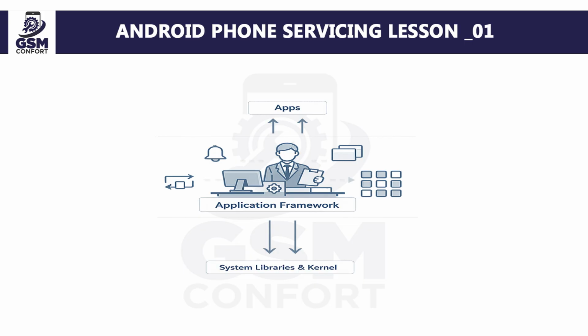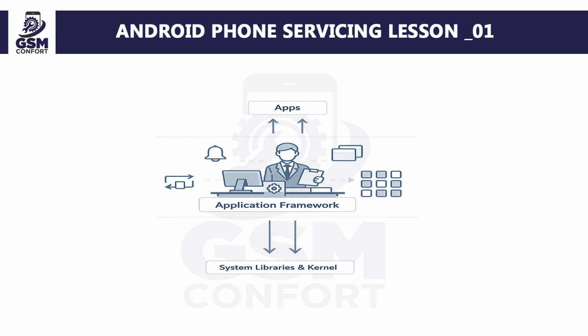This layer also includes Android Runtime, also called ART. This is the engine that runs Android applications. Apps are written in programming languages like Java, Kotlin, Dart. But the phone must convert them into a format it understands. This creates files called DEX files.